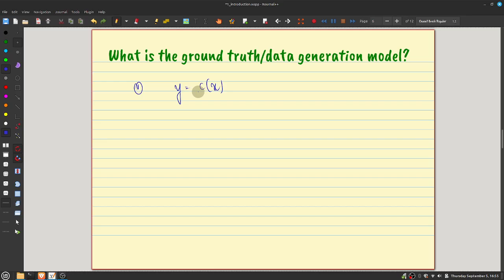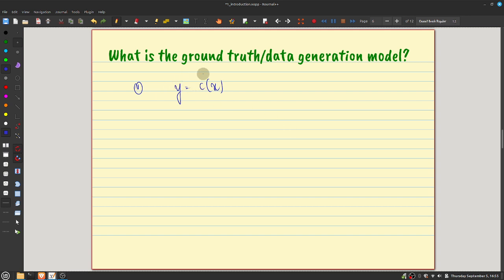Correct, it is the label, I agree. But the question is, from the instance, how do you get the label? And right now I'm saying that the label is a deterministic function of the instance. In the case of, let's say, spam classification, maybe it's clear that given a piece of text, you know it is spam, you know it is not spam.